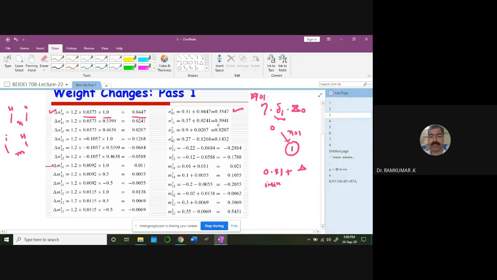You understood this? Can I repeat again? It's a little tricky. You have to understand it clearly. How many of you understood this? What is this learning rate? Learning rate is 1.2. It's a constant value.